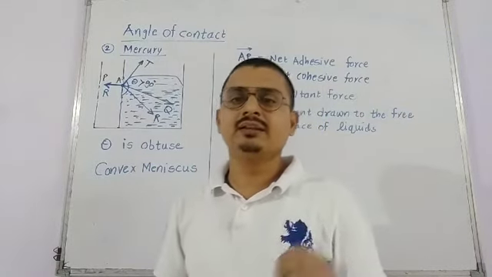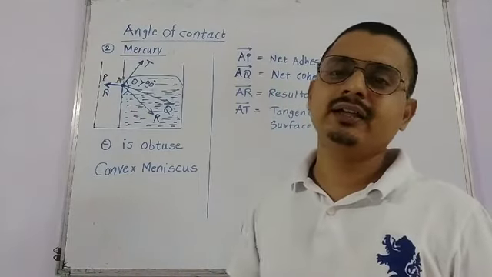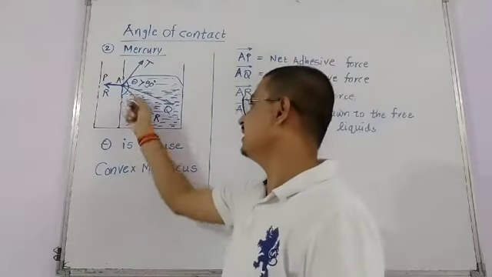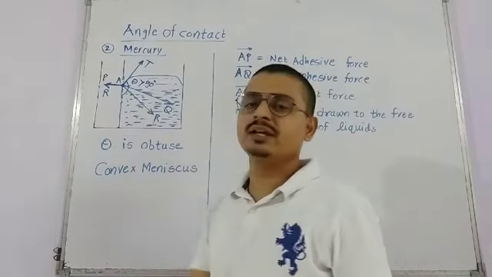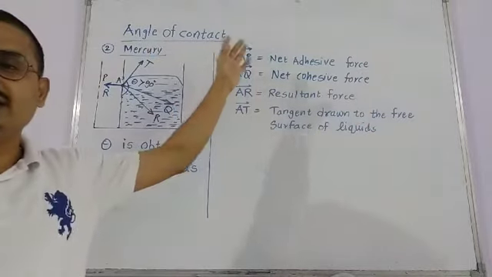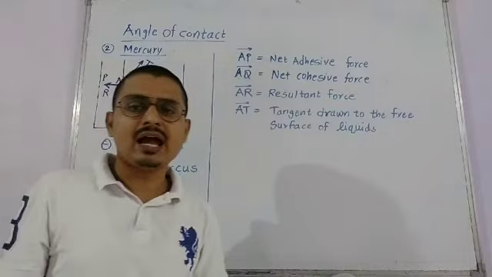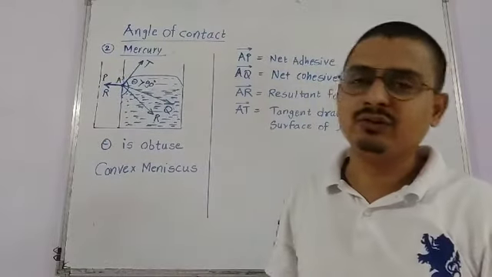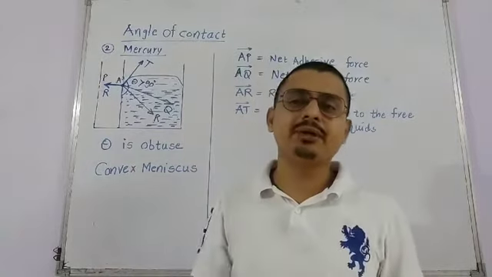That's why the resultant force acting on molecule A will lie inside the liquid. So I have shown AR is the resultant force. So we just note down that AP is a net adhesive force, AQ is a net cohesive force, and AR is a net resultant force that lies inside the liquid.